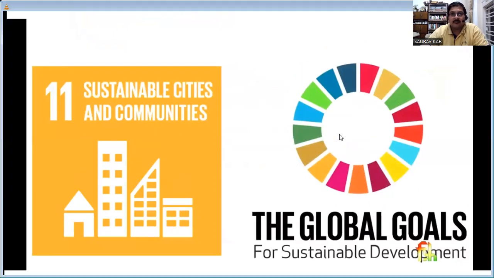It's such a fantastic thing that even recently I found that the Heritage School, which organized Saraswati Puja, highlighted the 17 principles of SDG in their pandal.